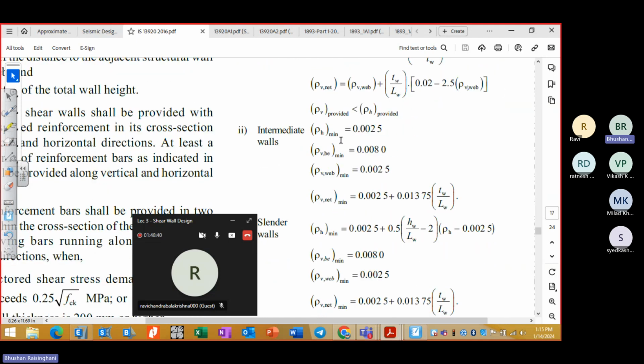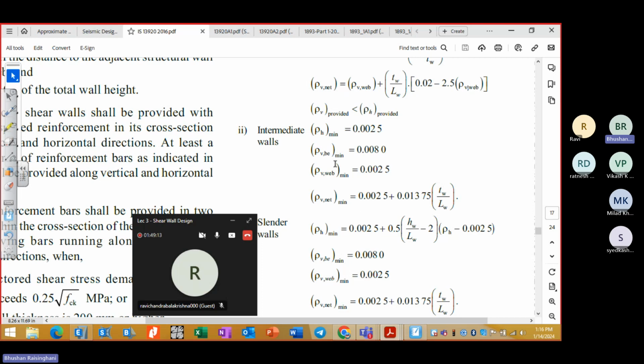For intermediate walls, it has been given that if a boundary element is there, then the minimum should be 0.8% in the boundary element vertical reinforcement, and the net reinforcement in the web should be at least 0.25 vertical reinforcement, and horizontal is also 0.25 with respect to gross area, and vertical net minimum has to be satisfied. So this should be a satisfactory clause, the minimum clause for vertical reinforcement with respect to gross area has been given.